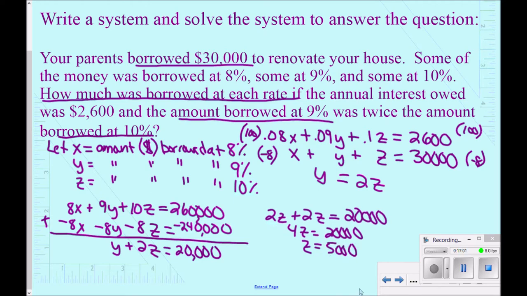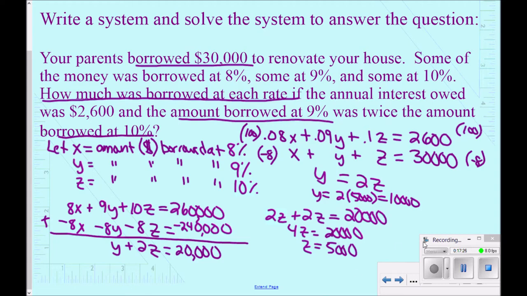So now that we have z, let's go ahead and get y. Well, y is 2z, which means 10,000. Okay, and we'll put the dollar sign on here in a minute when we answer the question. And lastly, it looks like we still need x. So let's go back to our x plus y plus z equals 30,000.